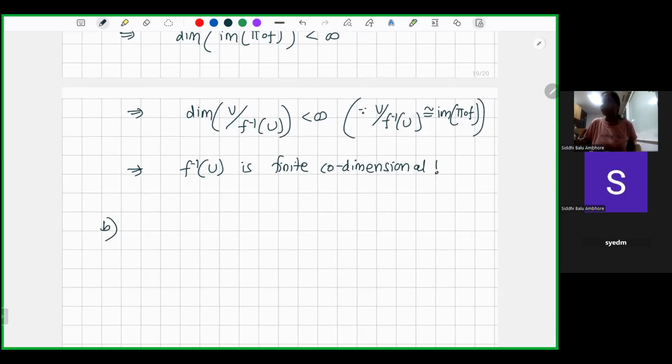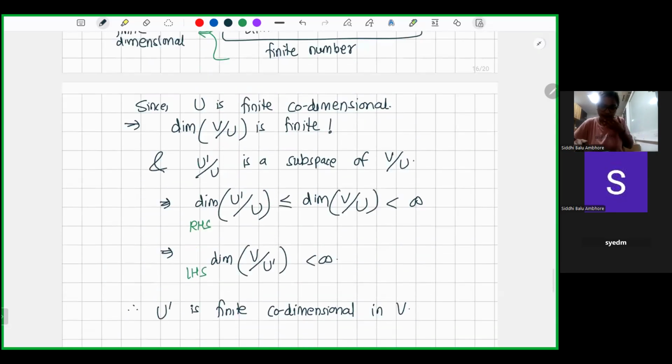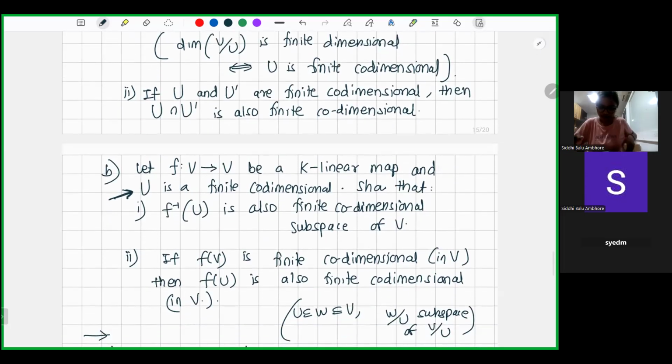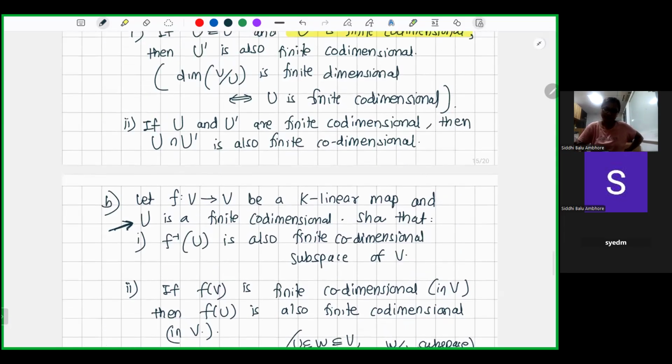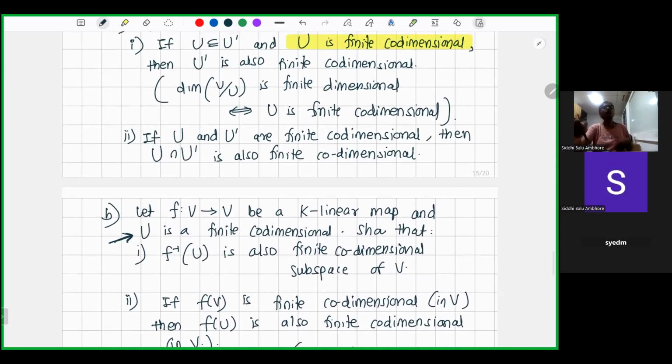And the second part, part B, look at the second part of the question. I was thinking that since U is contained in U dash, U finite codimensional implies that U dash is also finite codimensional. But no, it's the other way around.